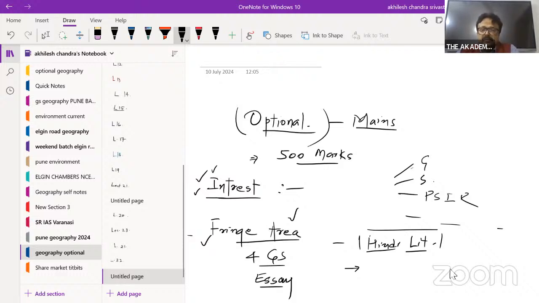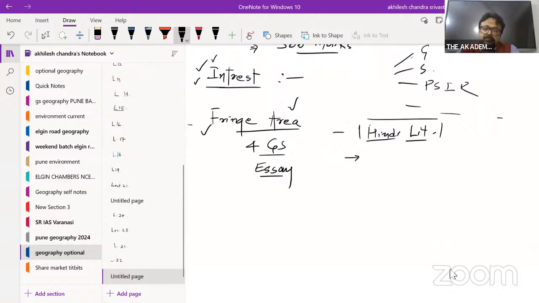Fine. The third yardstick which you should follow is availability of guidance.